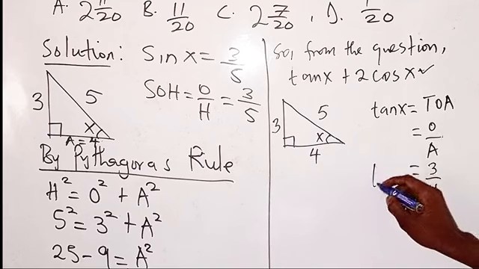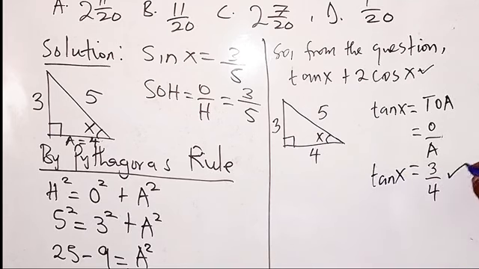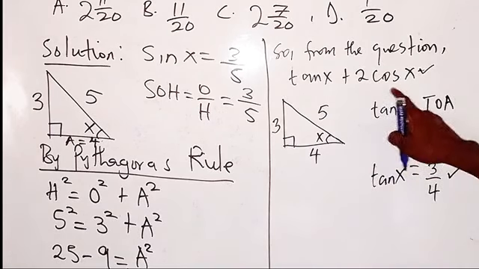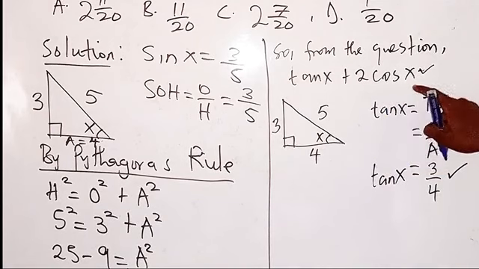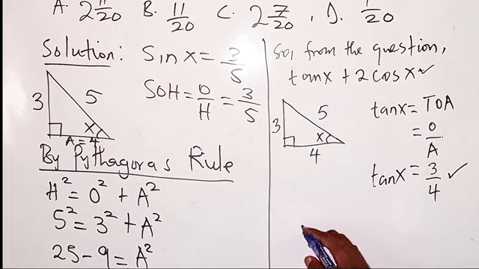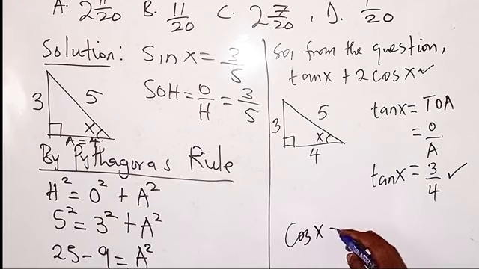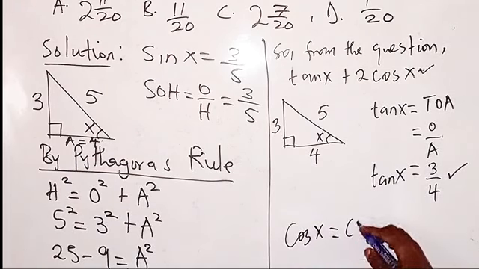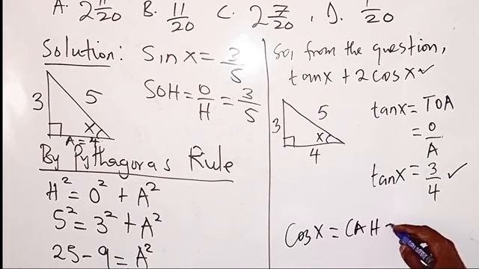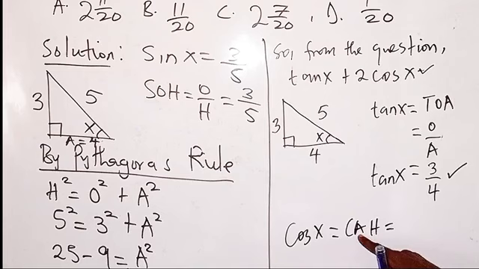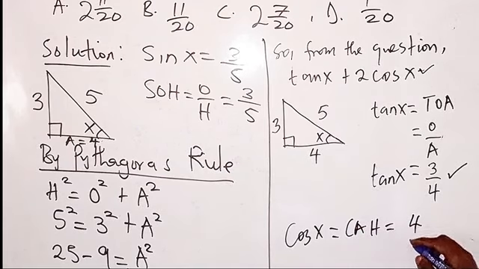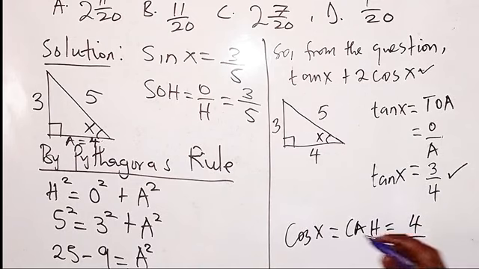So we have tan x to be 3 over 4. Let's keep that. Then let's see what the cos will give us. Cos x will be CAH, adjacent is 4, all over the hypotenuse, which is 5. So the cos is 4 over 5.